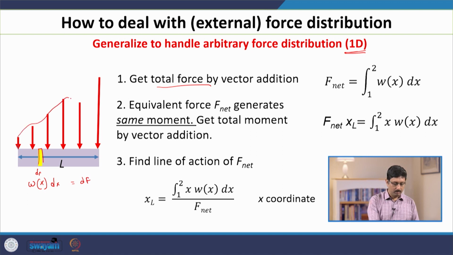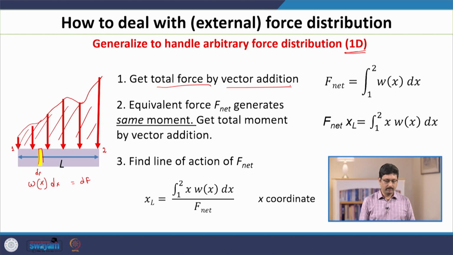Then the total force is the area under this curve, from point 1 to point 2. You compute it by vector addition. In this case all the forces are in the same direction, so the vector addition turns out to be simple scalar addition of the magnitudes. This is dF, and you add dF for each little piece to get the total force. I put the ends 1 and 2 to remind us that this beam is of finite length and you go from one end to the other.